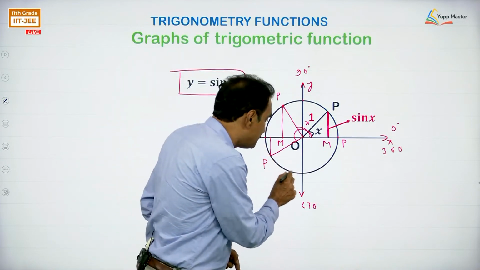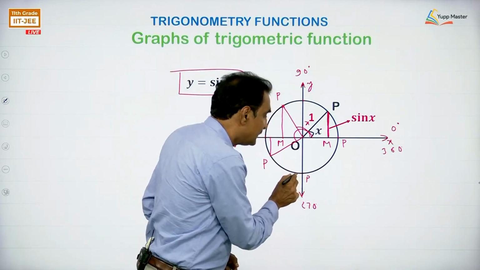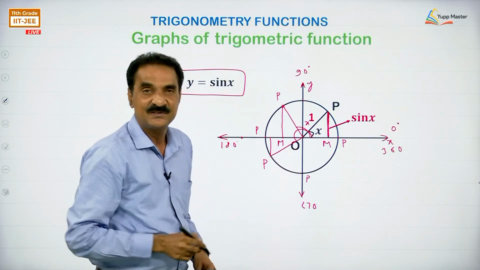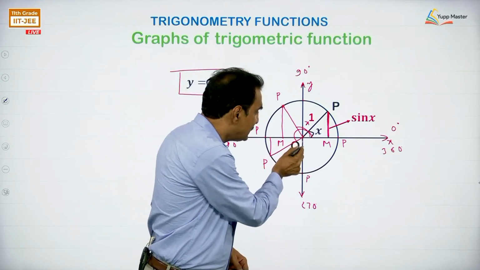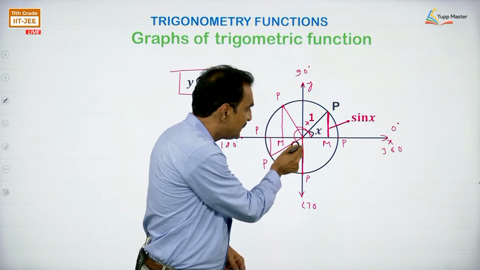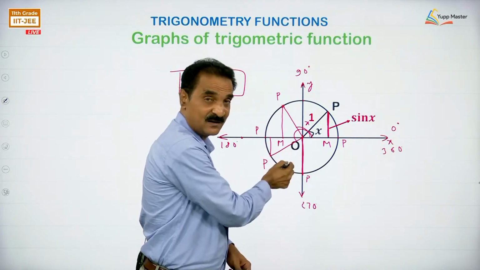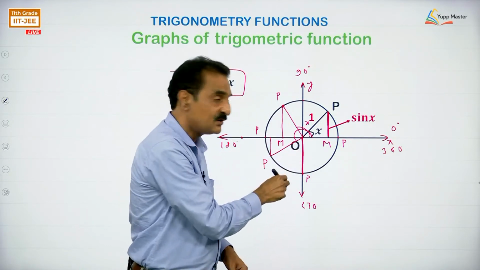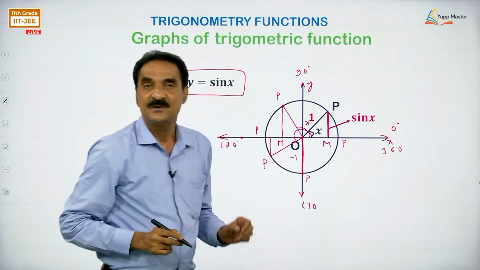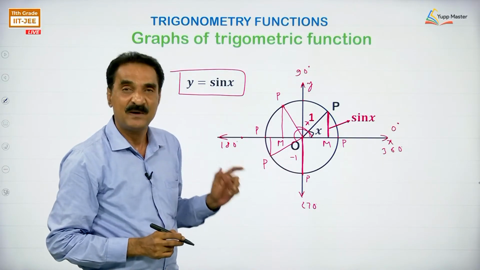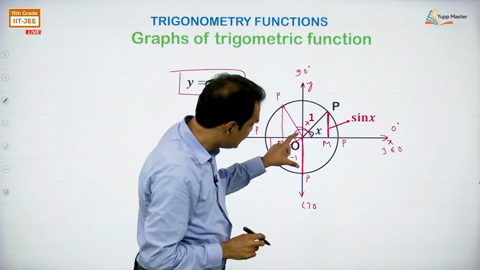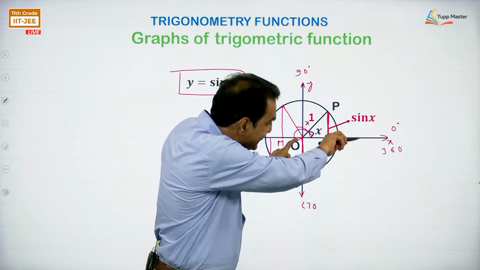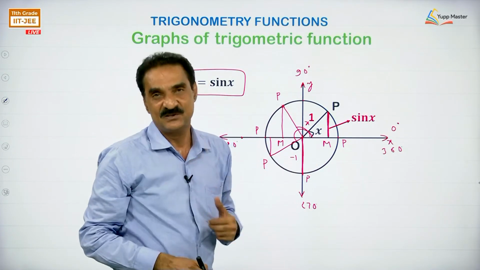And finally, when P comes here, the corresponding angle is 270 degrees, and here the value of the perpendicular becomes minus 1. Length is 1, but it is downwards, so it is minus 1. So, that is why sin 270 degrees is minus 1. Or for the same position, if you measure like this, sin minus 90 degrees is minus 1.